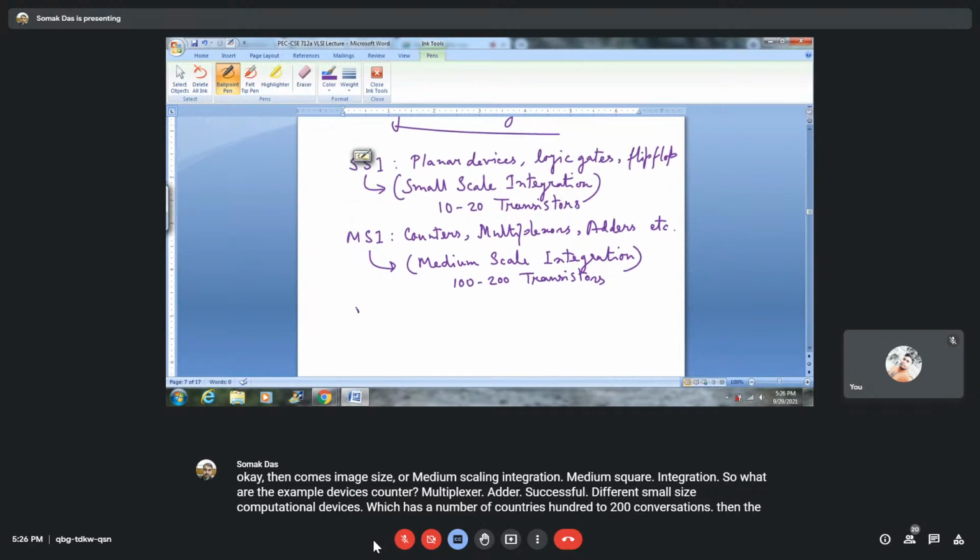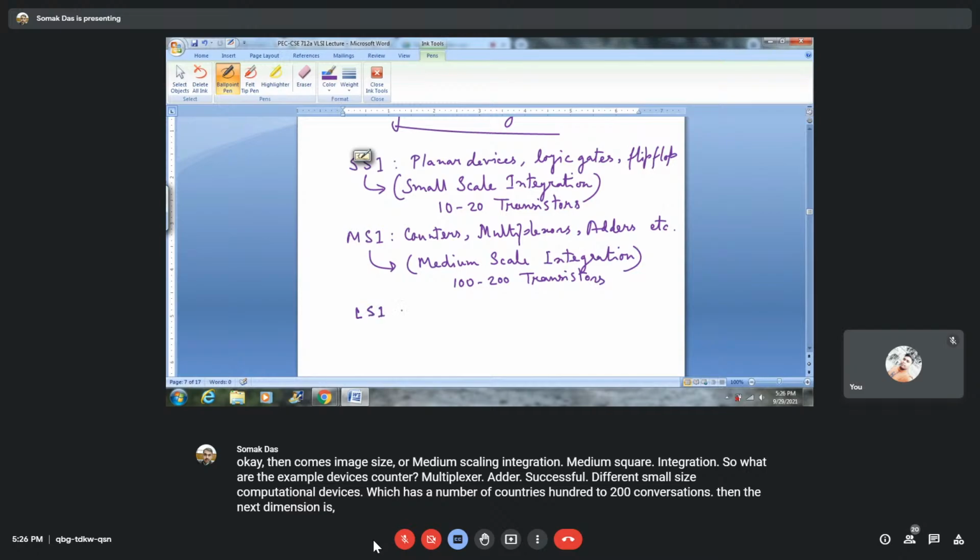Then the next generation is LSI, large scale integration.